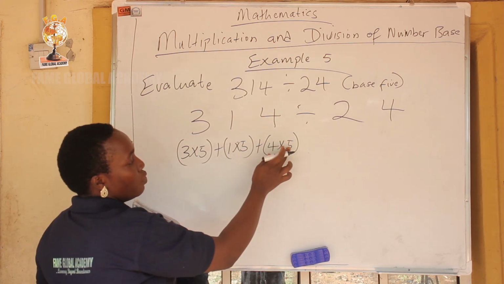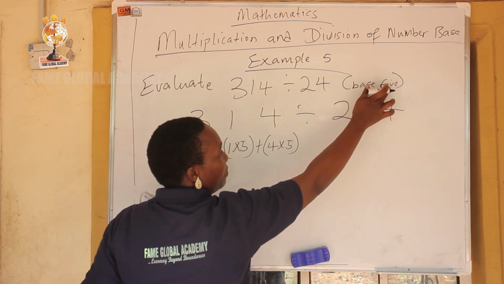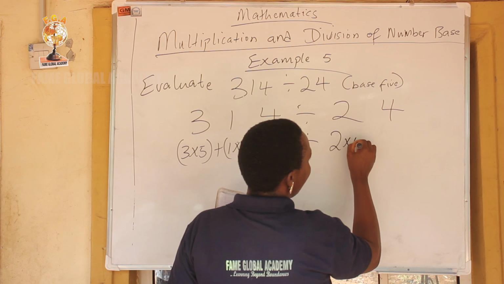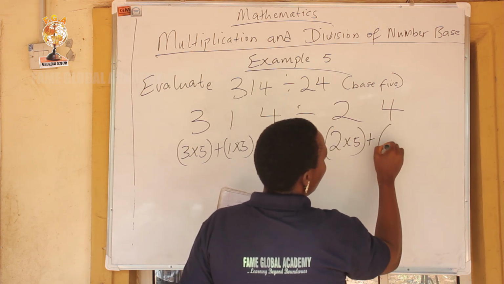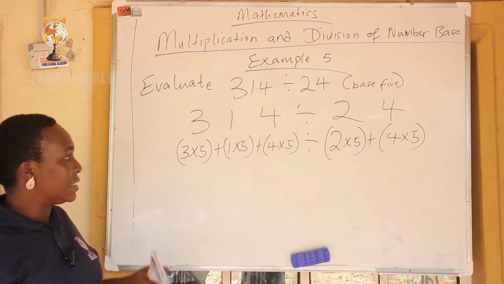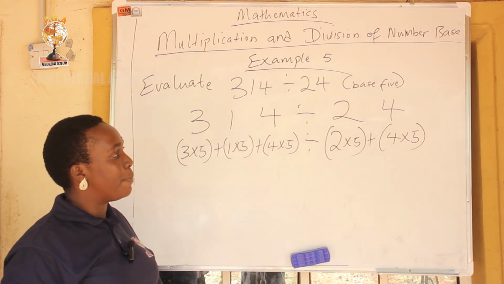We are multiplying with 5 because we are doing it in base 5. Then divide by, this will be 2 times 5, bracket plus what? 4 times 5. I believe you can remember this from our first class. So this is an expansion method.